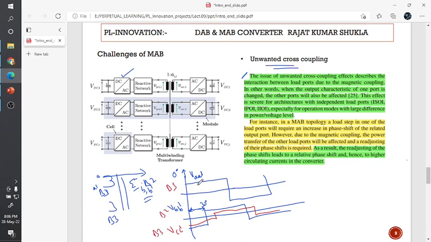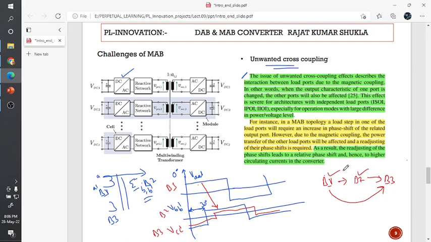Bridge B1 is transferring power to the bridge B2 side, and bridge B2 is transferring power to bridge B3. Since bridge B1 is transferring to bridge B2, bridge B1 is transferring to bridge B3 also. So bridge B3 is taking power from bridge B2 and bridge B1 as well.